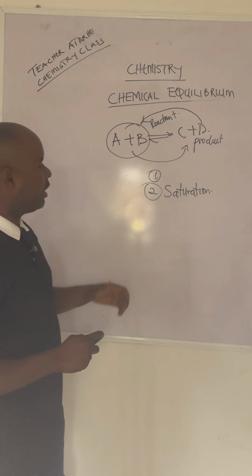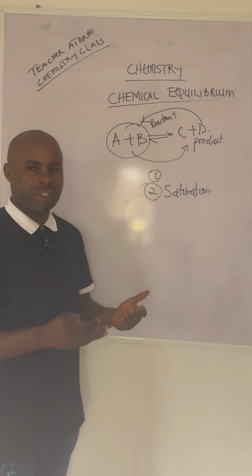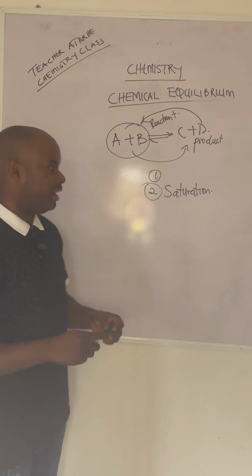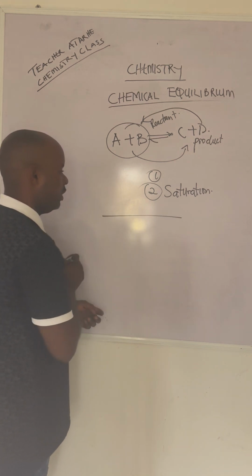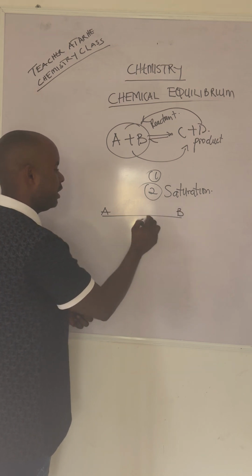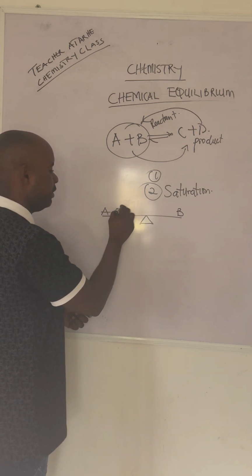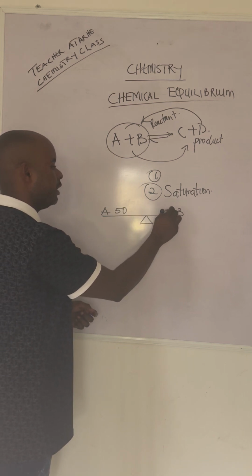So, we can explain this chemical equilibrium in a very concise way using a seesaw. A seesaw that contains two body weights. Let's say we have a pivot here that contains two body weights, 50 kg and 50 kg.